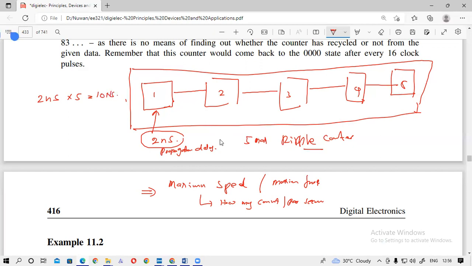So your clock period should be greater than this total propagation delay, n times tpd, so the clock period should be at least 10 nanosecond.